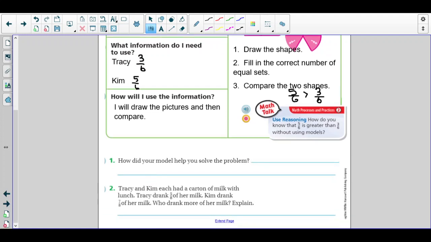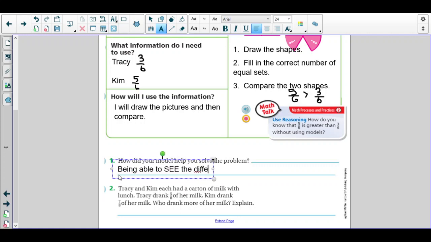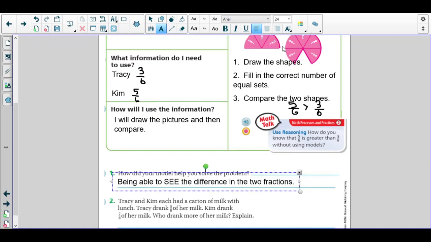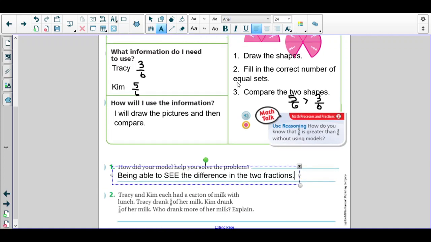Well, I mean, that's kind of up to you, but for me, it would be being able to see the difference in the 2 fractions. I mean, you can clearly see up here which one has more and which one doesn't.